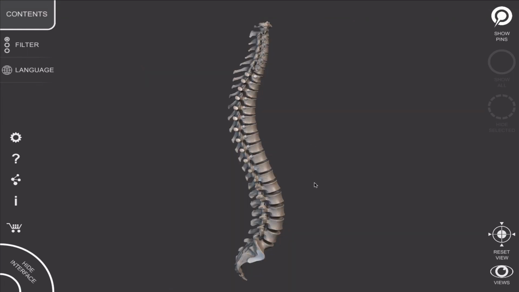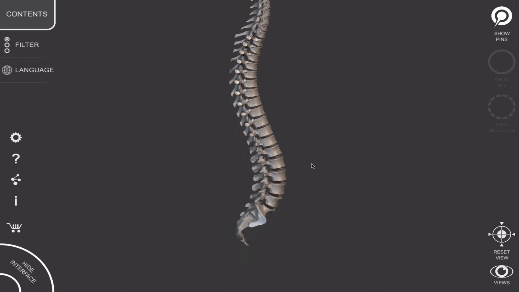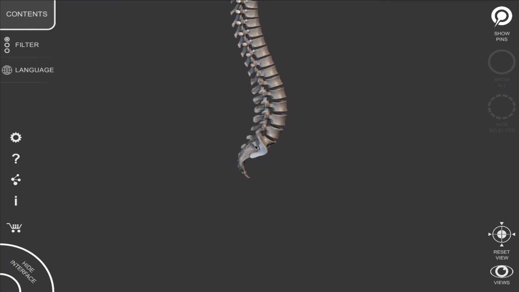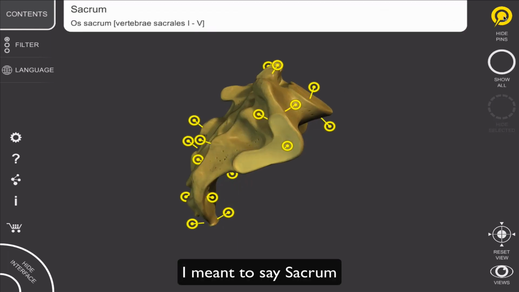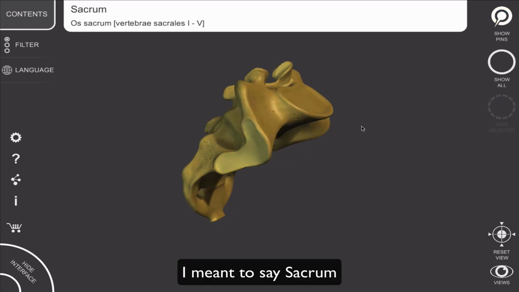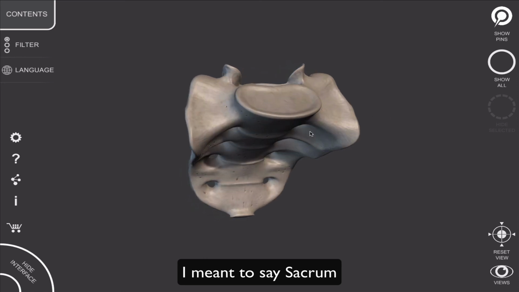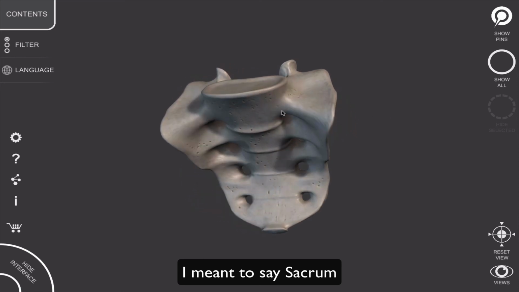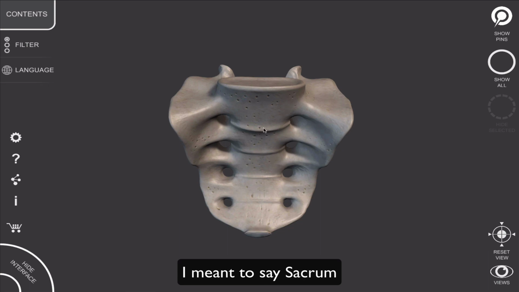All right, below the 24 movable segments of the spine will be the coccyx. The coccyx is the base of the spine. Basically, all of the weight of the spine will rest on the sacrum.